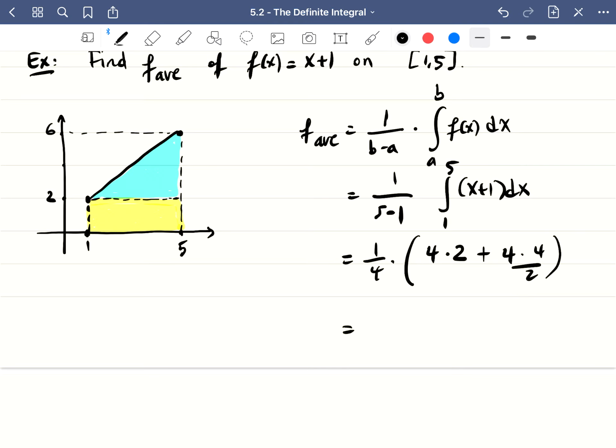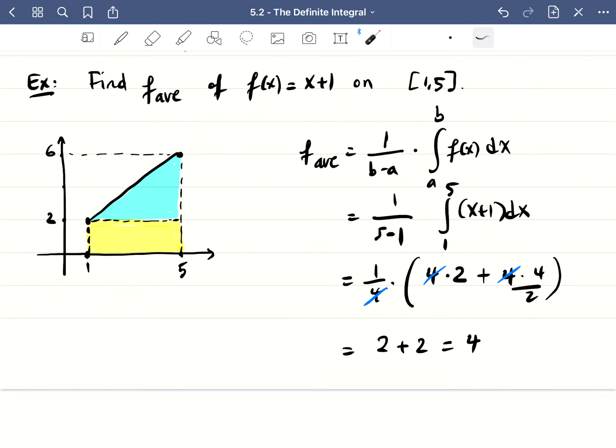By the way, this 4 cancels this 4 and this 4. So this is basically 2 plus 4 over 2, which is 2. So this is equal to 4. So the average value of this function is 4. And that's it.